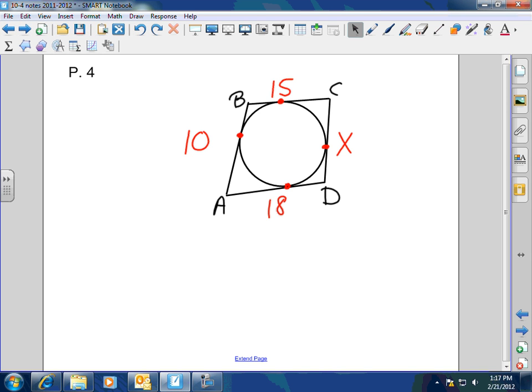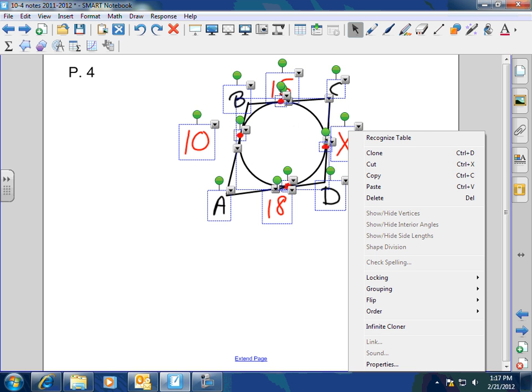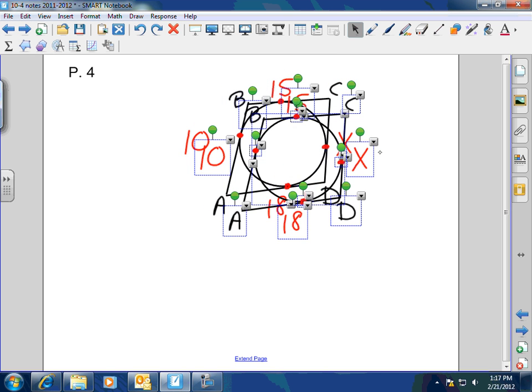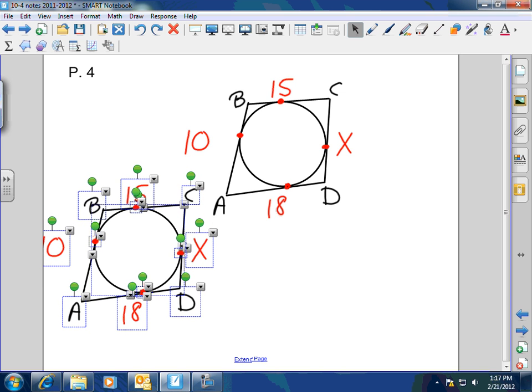Correct, son. Let me show you how exactly it works. Someone just finished saying, isn't this just a two-tangent theorem? It is. Let me go ahead and make our lives easy. Let me first clone this so that I can have something to work with here.